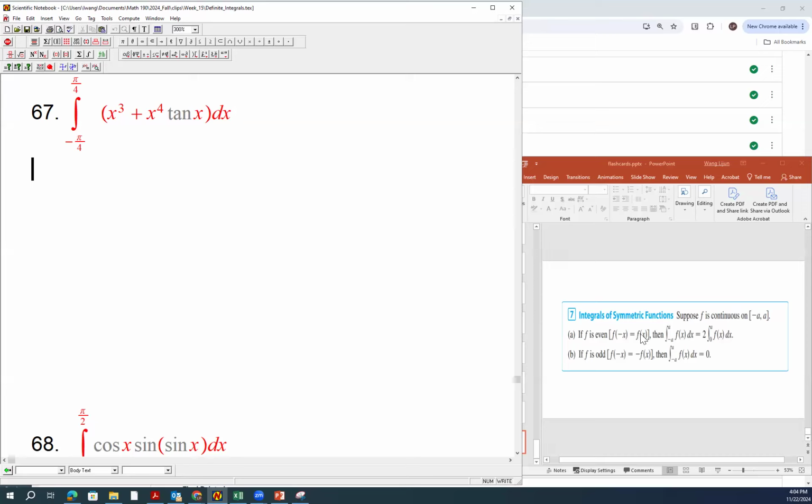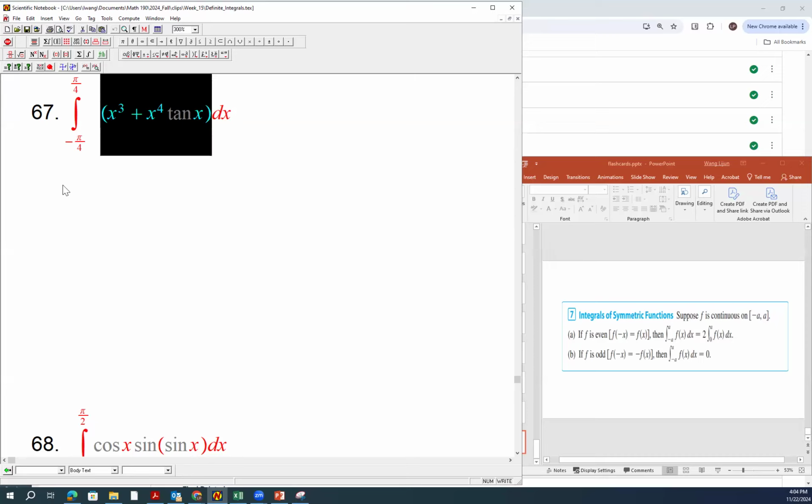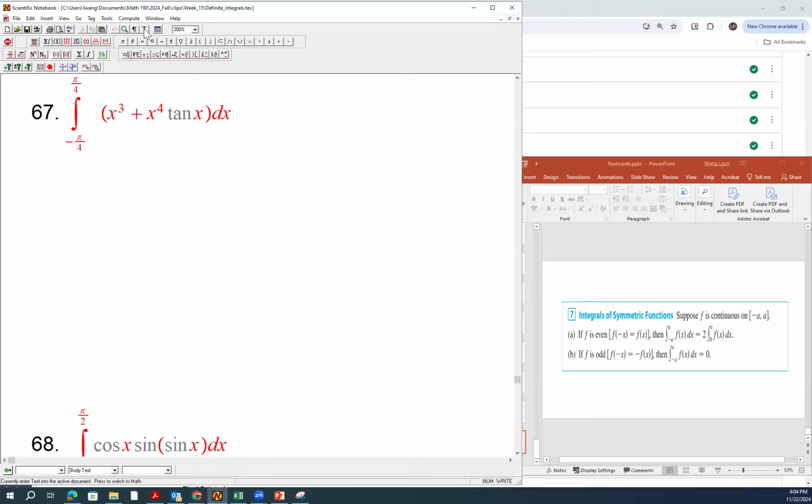So think of using symmetric function properties. We'll be asking of the integrand function f of x: is this function even or odd? In fact, this function is odd. Why? So here's the reason.